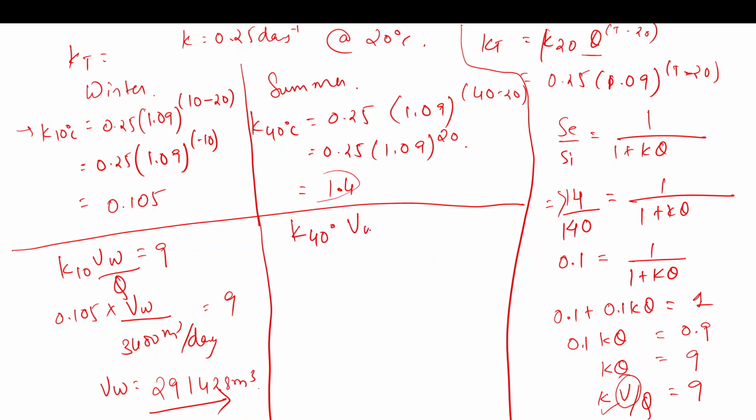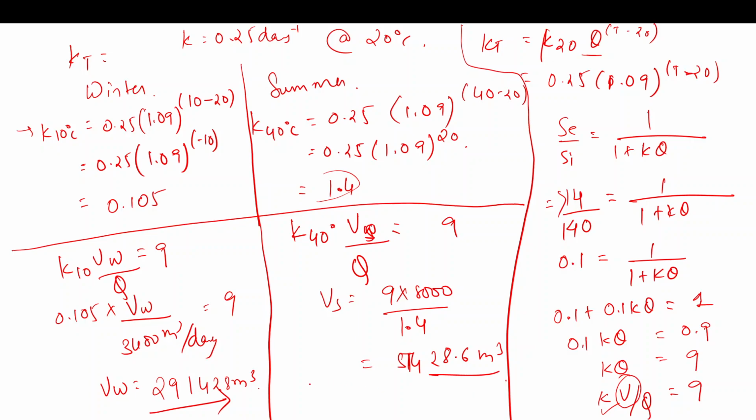Okay, so if we put the value here for summer, you should get a lesser amount of volume required. Vs is 9 into 8000 by 1.4. Here the volume is again more treated, still lesser volume is required.